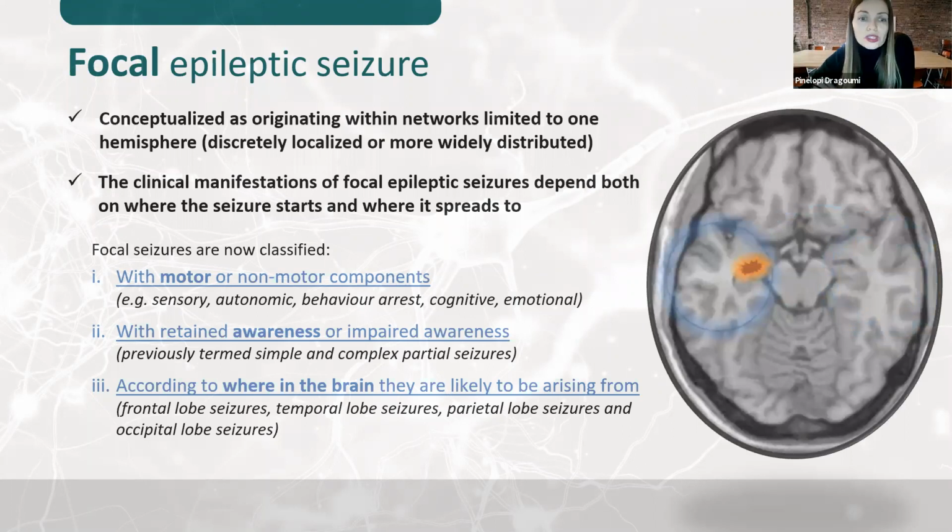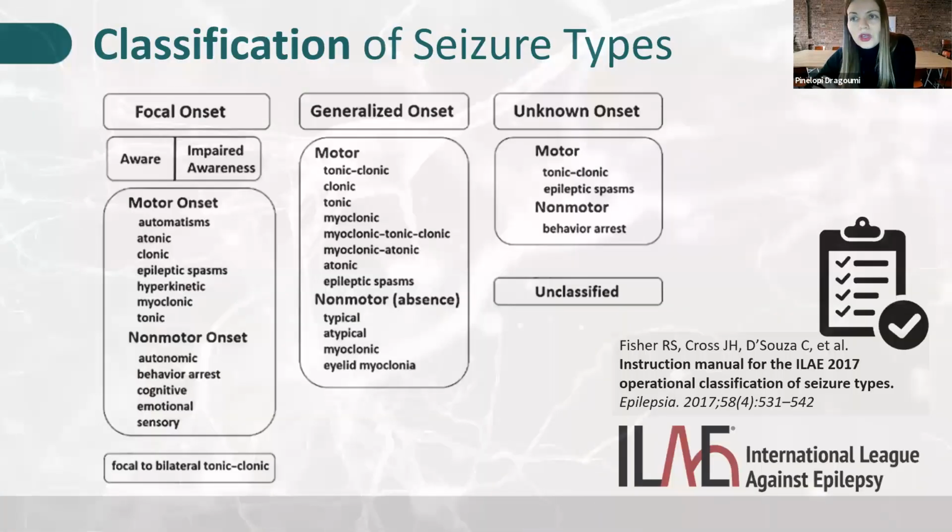These are all terms that have now been outdated. And of course, according to exactly the topography of the electrical activity that generates the seizure, we have frontal lobe seizures, temporal lobe seizures, parietal, occipital, and so on. And this is just a reminder of the classification of seizure types, the most recent one that was published in 2017 in Epilepsia.